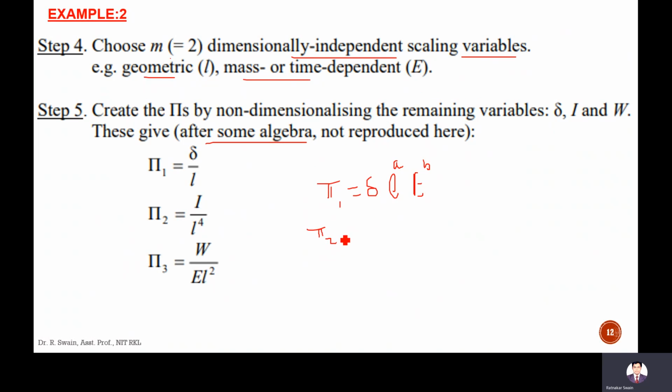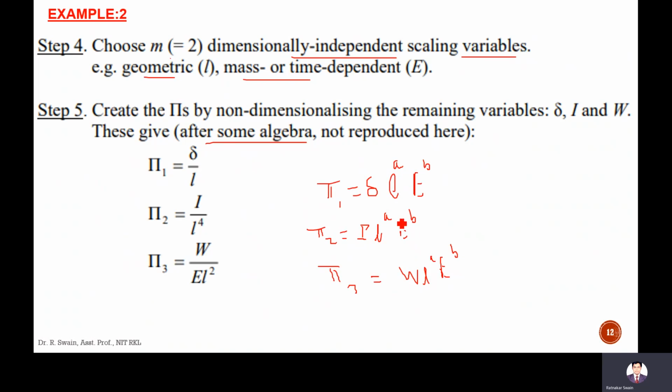In pi 2, L to the power A, E to the power B, and as non-repeating we take I. And pi 3, total 3 groups, L to the power A, E to the power B, here W is taken as the non-repeating variable.